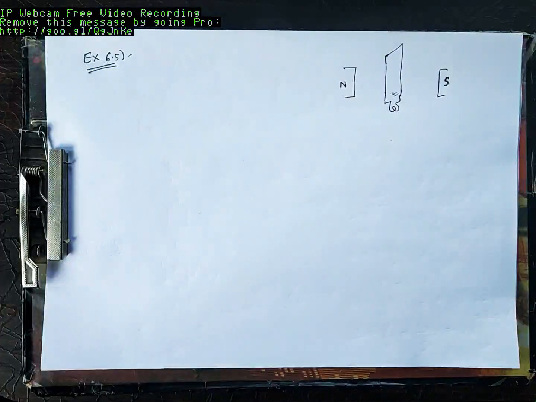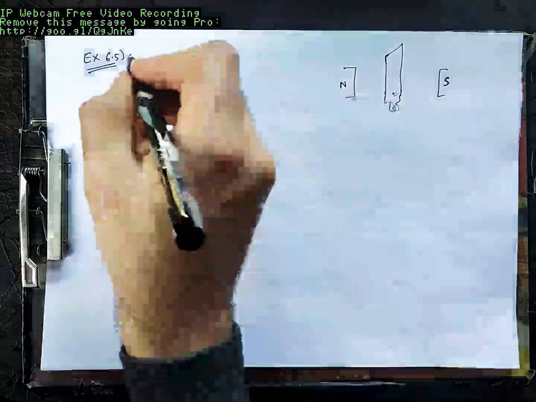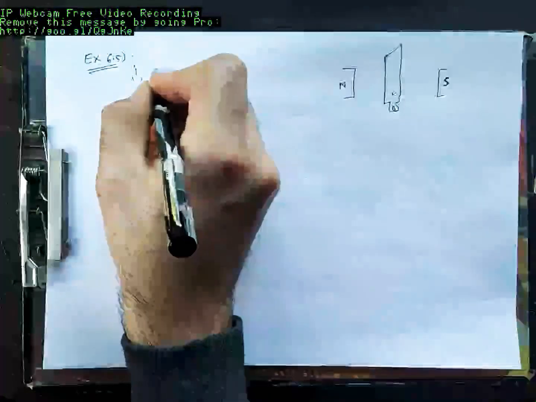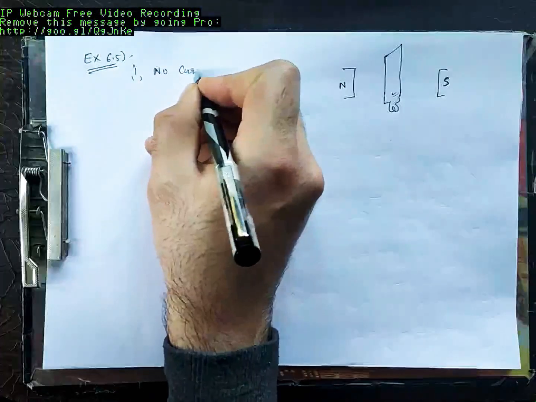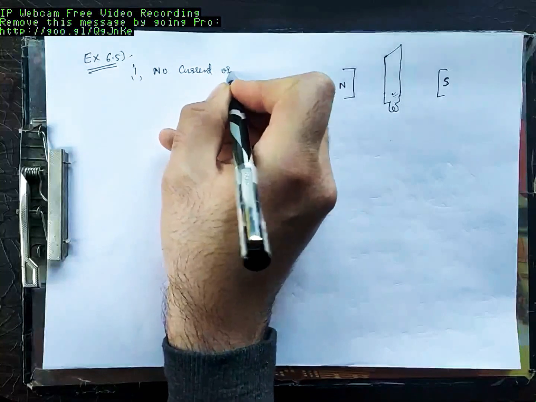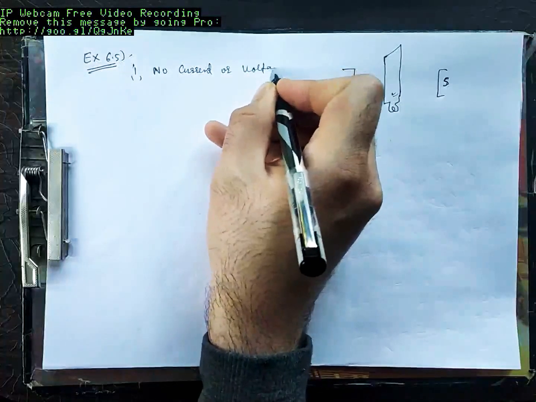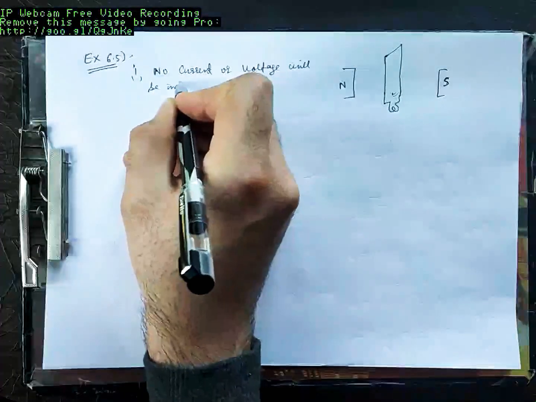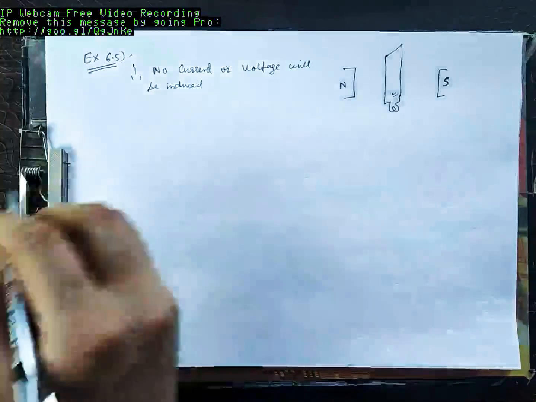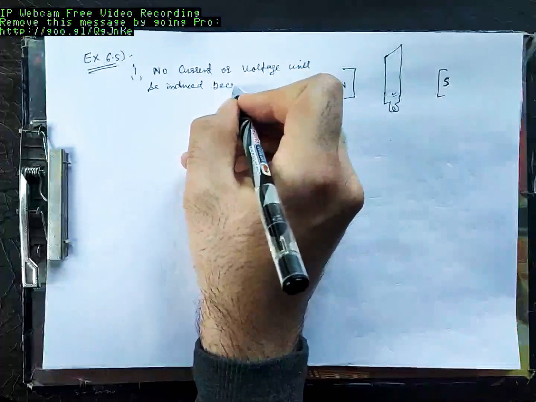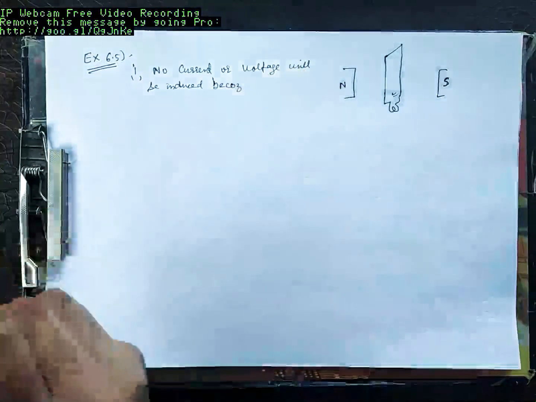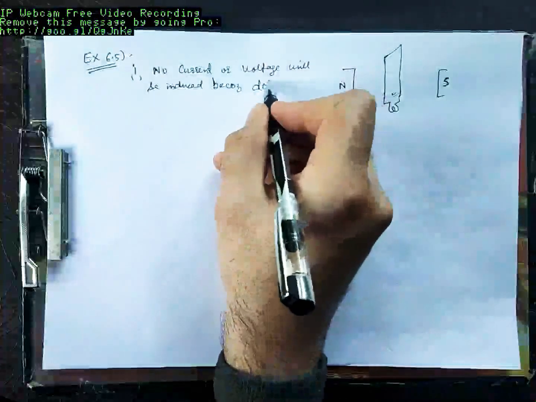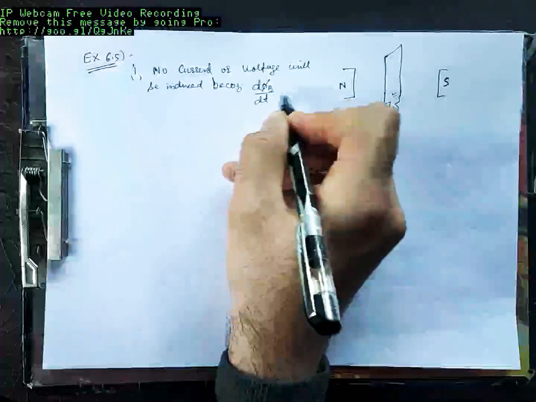Answer is no. No current or voltage will be induced because change in flux d phi B by dt is 0.